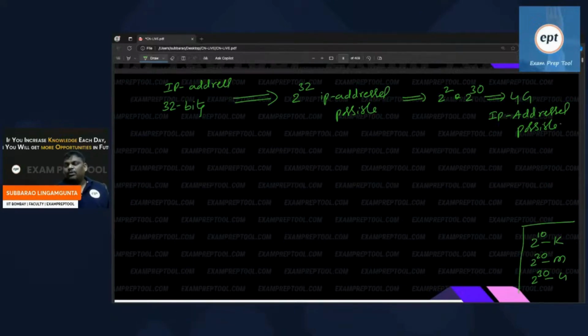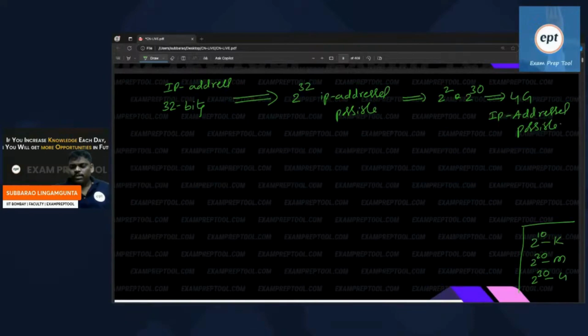If it were 2 power 20, I could have written 4M IP addresses. It is just notation; if you don't write it, no problem. If they ask how many IP addresses are possible with 32 bits, 2 power 32, which is 4G, where G is giga.